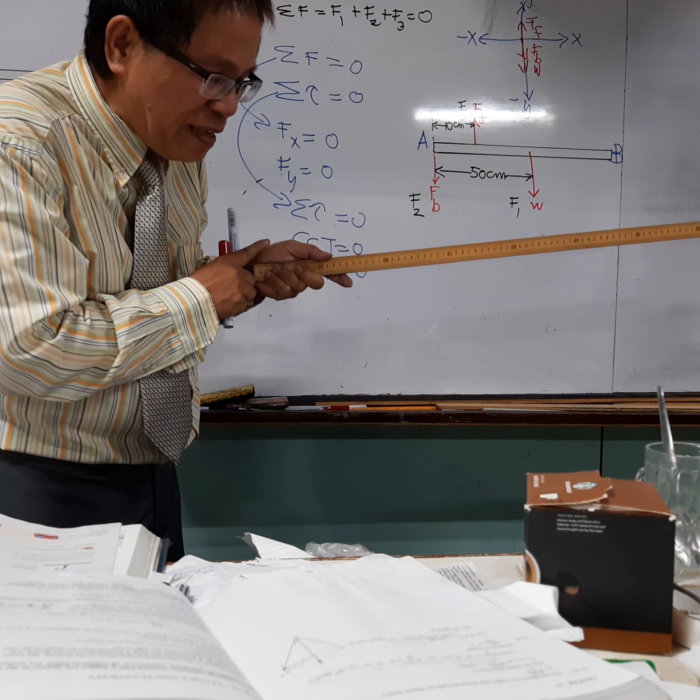Then, this one is positive, plus torque 3, equals 0. And therefore, you have torque 3 equals torque 1. You get that? Torque 3 equals torque 1.